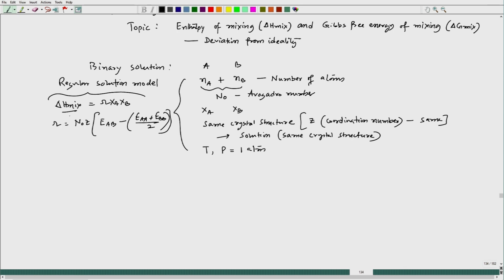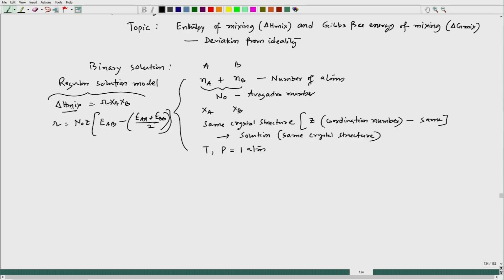If this del H mix value is negative, dissimilar atoms will have the tendency to form bonds, and accordingly we can get phase separation, compound formation, clustering, short range order, those kinds of things we have already discussed.